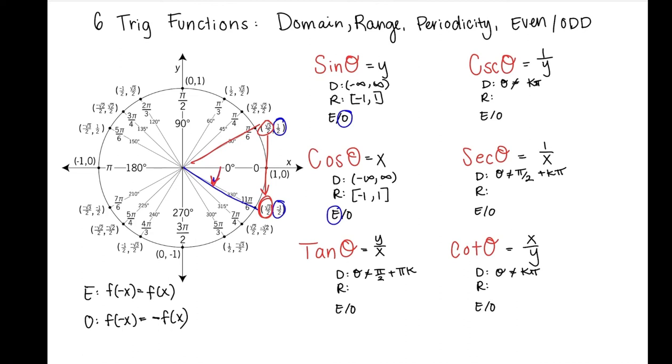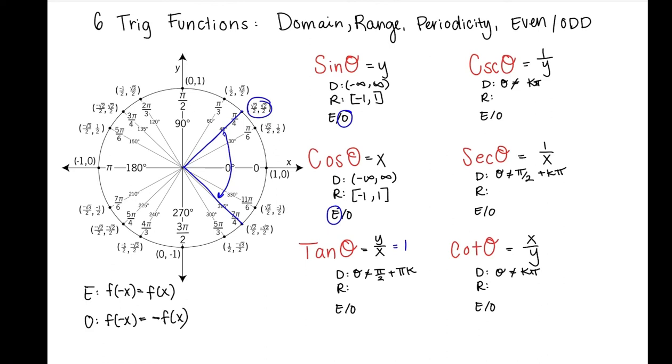Okay, for tangent, I'm going to do the same thing. I'm going to look at tangent of 45 degrees, because I know the tangent of 45 degrees, y over x, is going to be 1. Now, I'm going to look at tangent of negative 45 degrees, and I'm going to see whether my tangent is negative or positive.